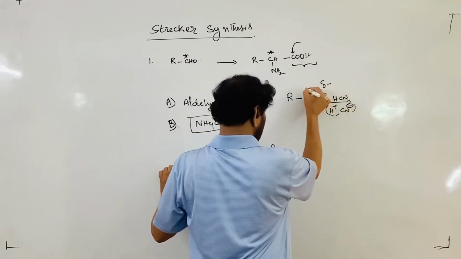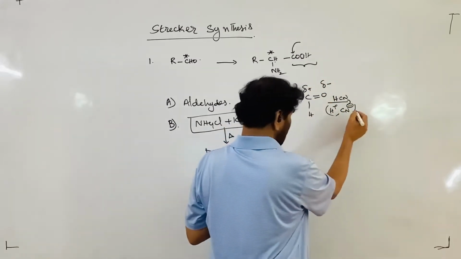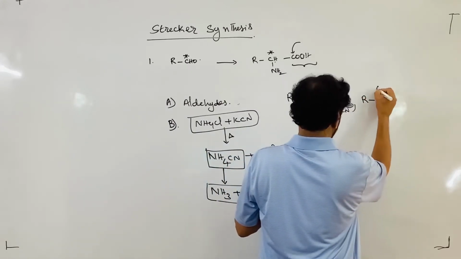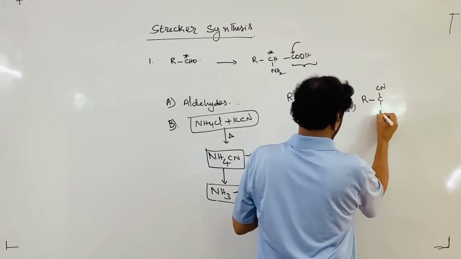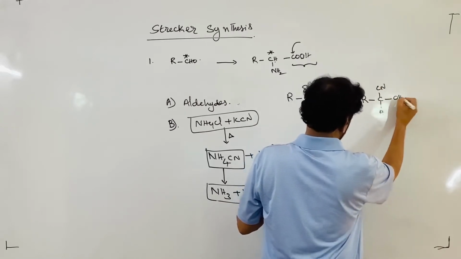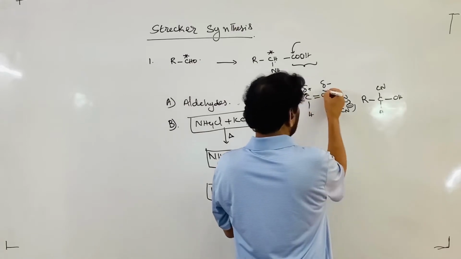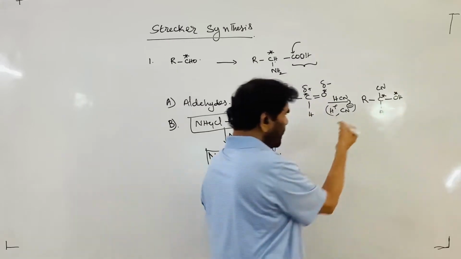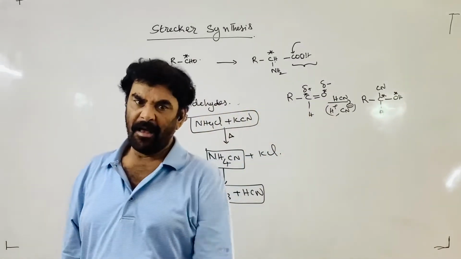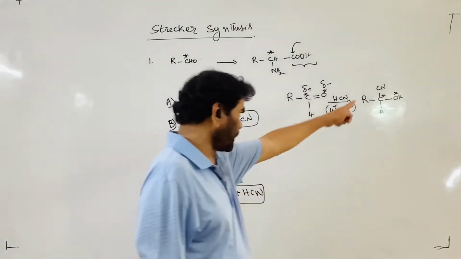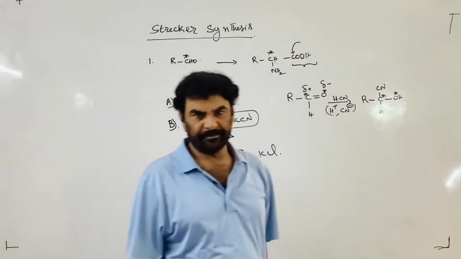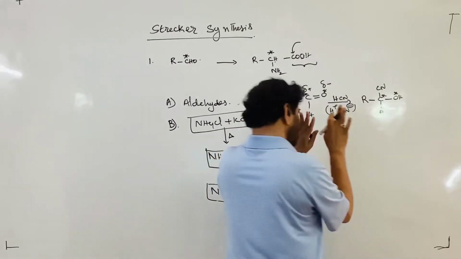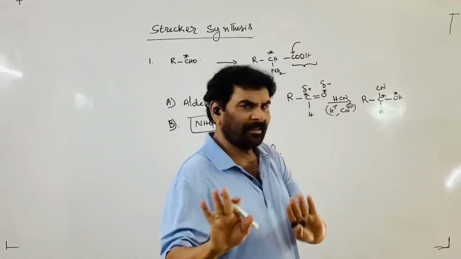This is the negatively charged center, this is the positively charged center. Cyanide goes to this and H plus goes to this. So this is the cyanohydrin, alpha hydroxy nitrile. Nitrile is formed, whatever the name, that is the compound.